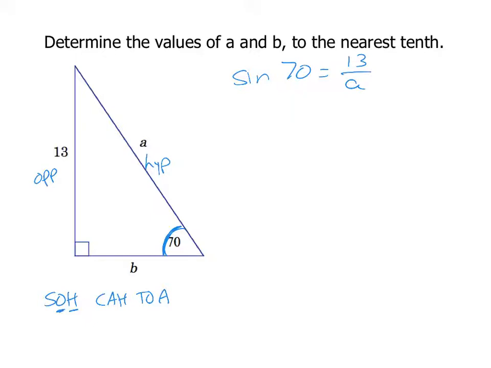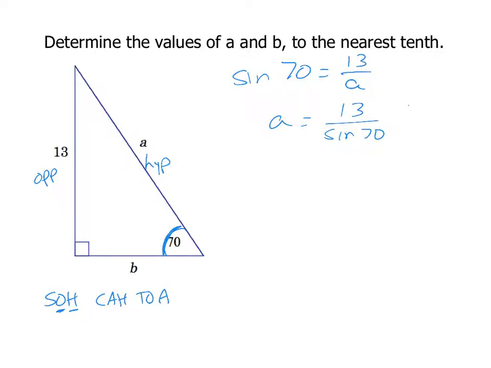Now when we solve this equation, remember before we said when the variable's in the sky, you got to multiply. Well, since the variable's in the bottom, I like to do what's called slip, slide, divide. So I'm going to slip the A out, and I'm going to take the sine 70 and slide it in there, and that's what I'm going to type into my calculator.